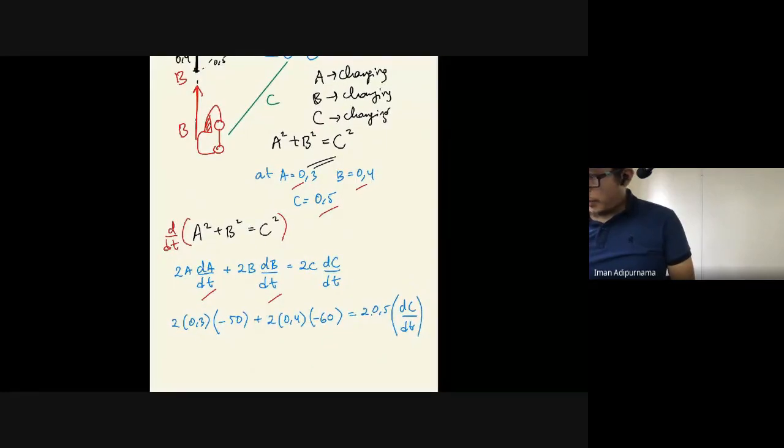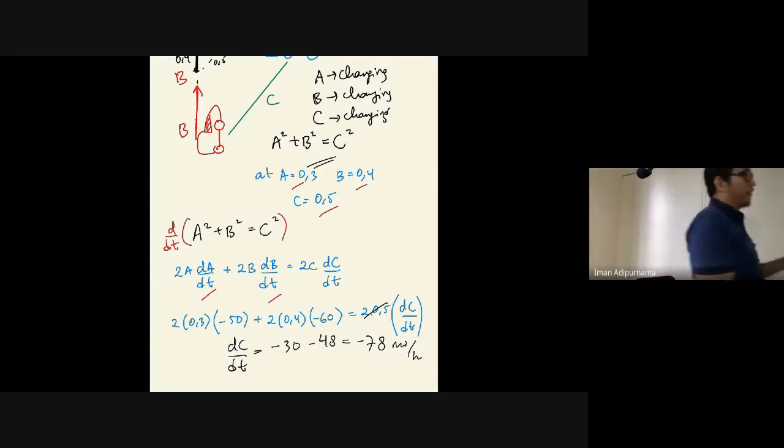And this becomes 1, so dC/dt is equal to negative 30 and 48, so this is negative 78 miles per hour.